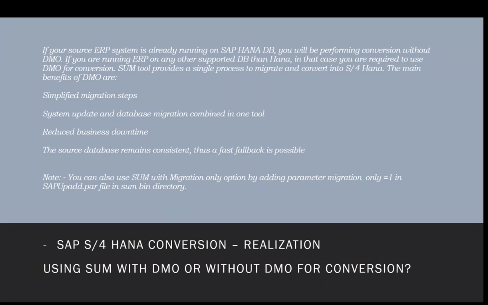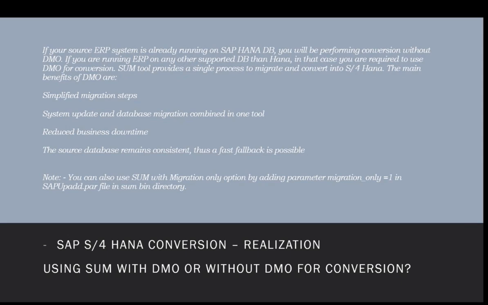Suppose I start my conversion, my upgrade on the ECC system, and I say that when I start my technical upgrade or technical migration, this tool will take around, for example, 50 hours to complete.